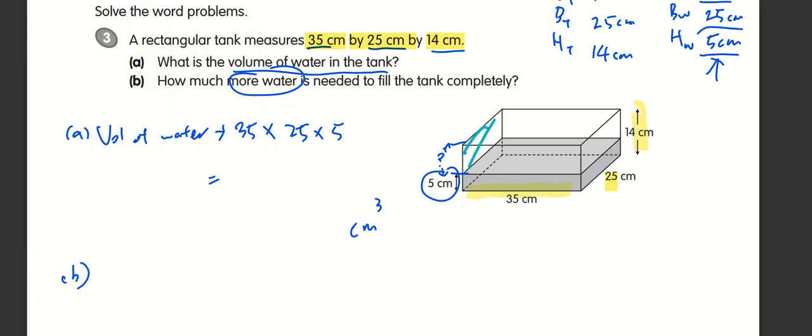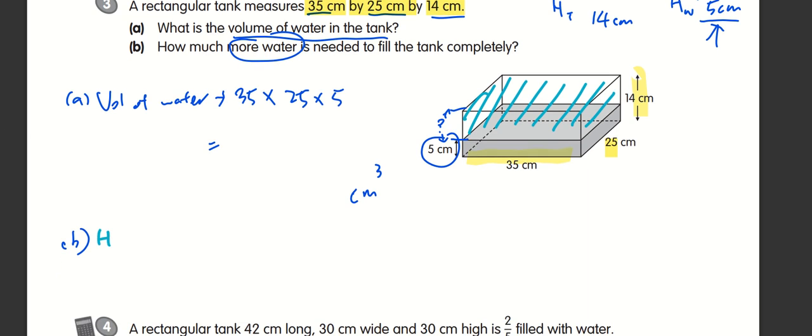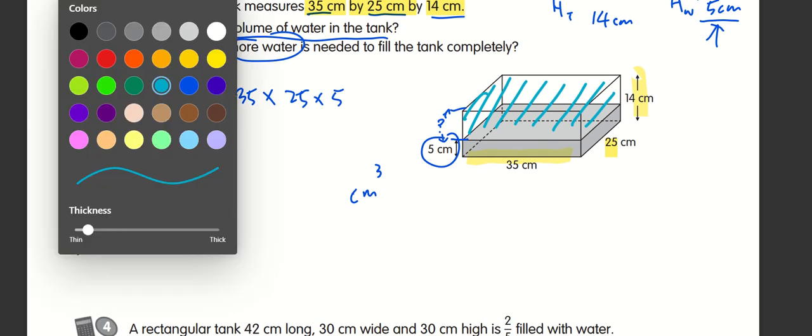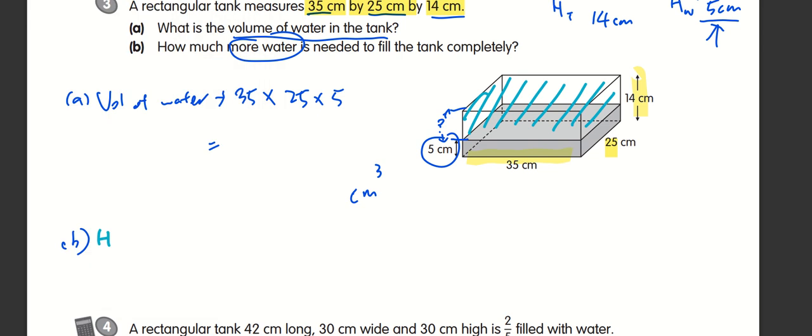Right, so this is the space above. We are looking at the height of the space, how much more water. So height of the space that needed to be filled, height needed, there's the volume needed. That will be 14 centimeters minus the 5 centimeters. That will be 9 centimeters.